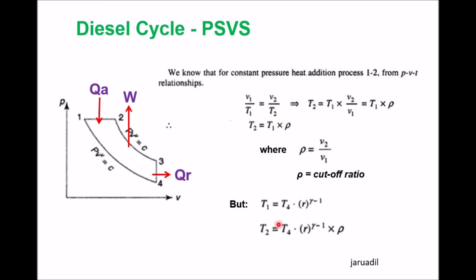So T2 is equal to T1; you replace that T1 by this term. So this becomes T4 times r raised to gamma minus 1 times the cut-off ratio. So we have now written T2 in terms of T4.